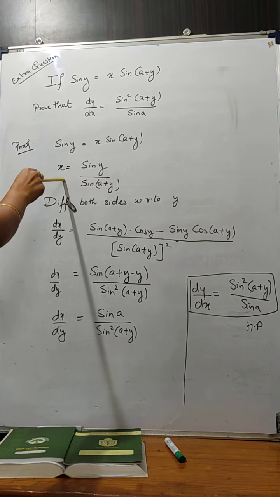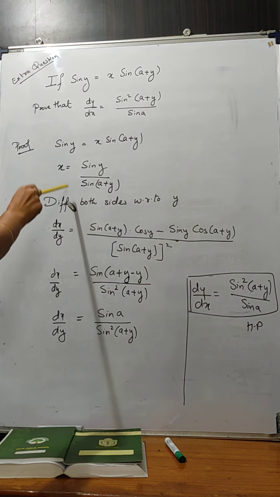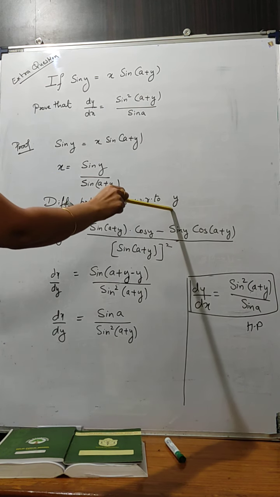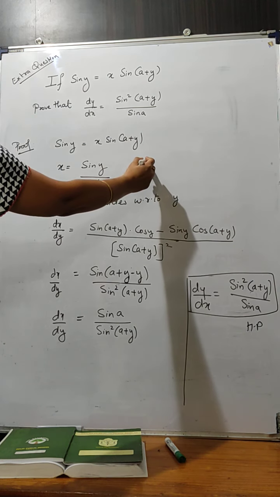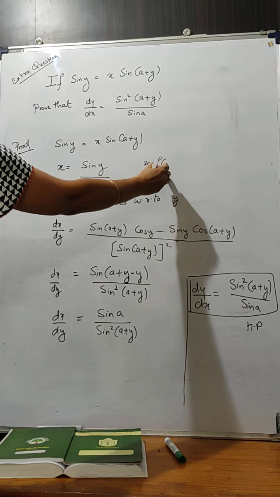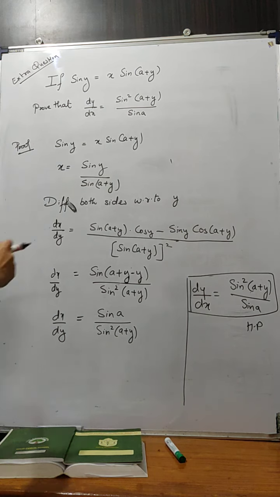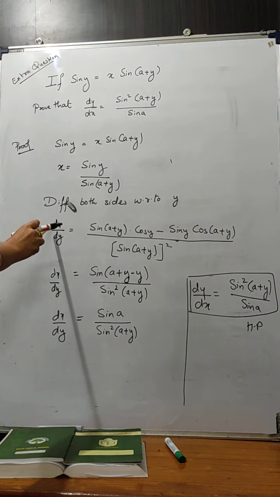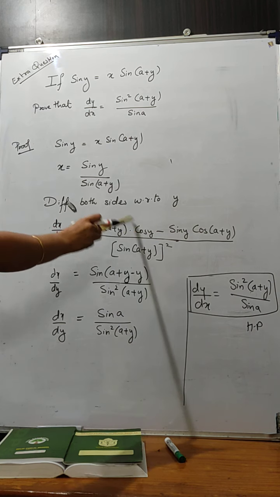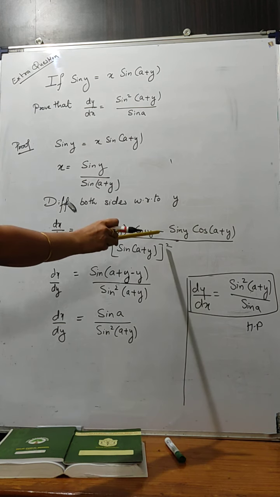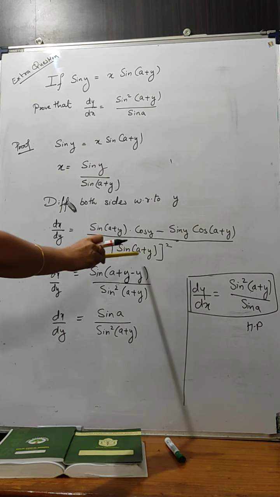Now here we are not going to differentiate the function with respect to x, but we will be differentiating both sides with respect to y, because here x seems to be a function of y. Now when we differentiate, quotient rule will be applied here. So dx by dy will be equal to denominator into differentiation of numerator minus numerator into differentiation of denominator, upon denominator the whole square.